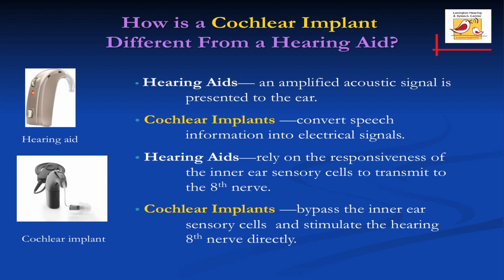For a cochlear implant, the internal electrode array actually replaces the damaged sensory cells that are not able to transmit that sound to the nerve. So the cochlear implant is able to better represent all of the speech frequencies for the person who is listening through the implant, because that direct connection with the auditory nerve makes the message much clearer when it reaches the brain for interpretation.